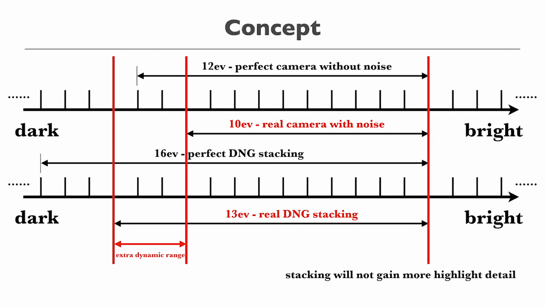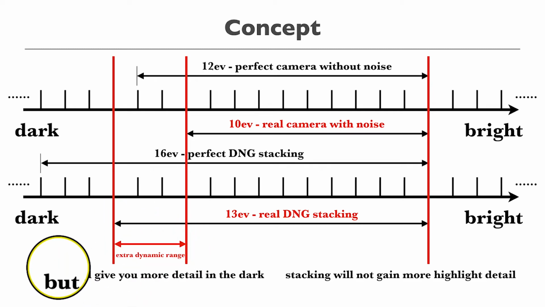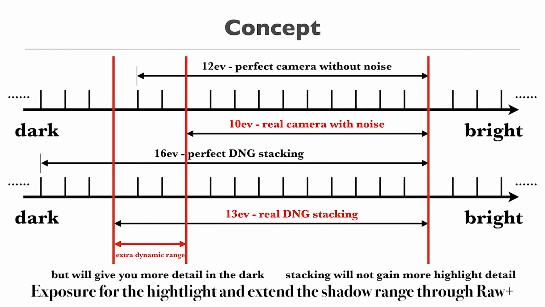Every sensor pixel is saturated, so we cannot recover more information there. But by removing the noise, we will reveal more detail, more information in the dark. Thus, we can get extra dynamic range in the dark. And if you expose for the highlight and extend the shadow range through RAW Plus and a DNG8 shot, finally we'll have the best possible dynamic range for your photo.